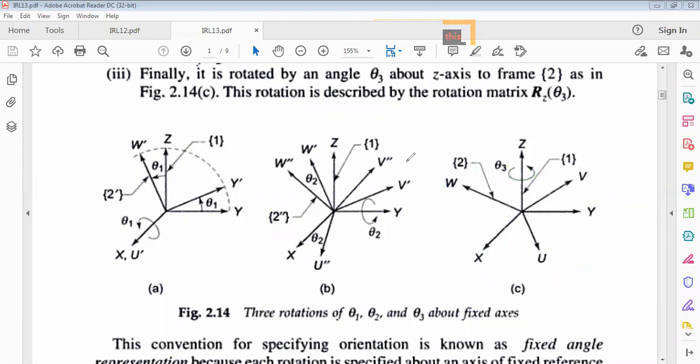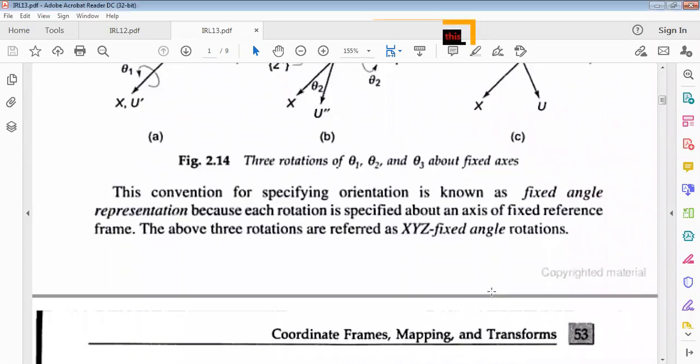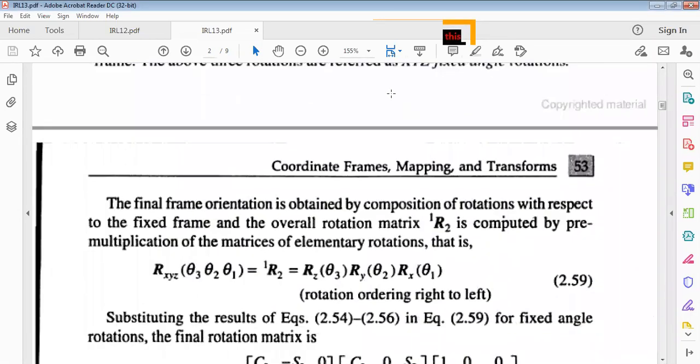So let us see what the overall rotation matrix is. This is the overall rotation matrix, 1R2, equal to. Here the last action is first, and the first action is last. So this is the intermediary action.